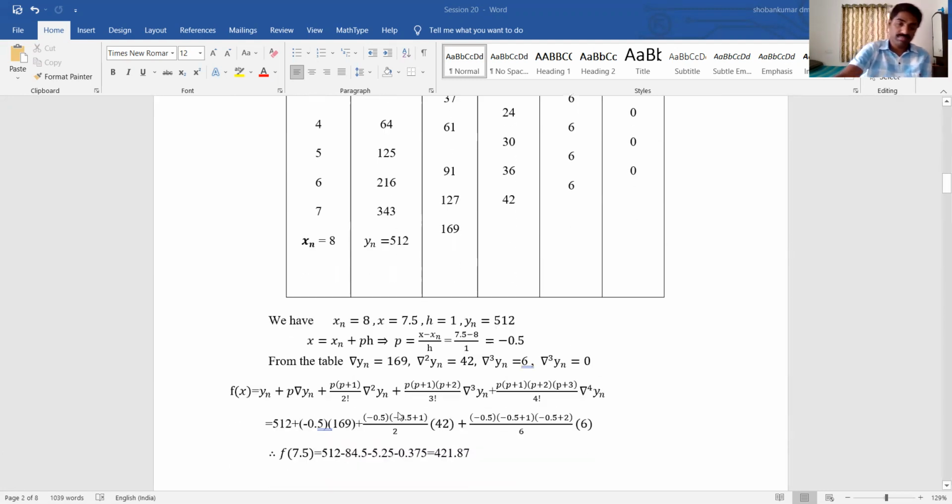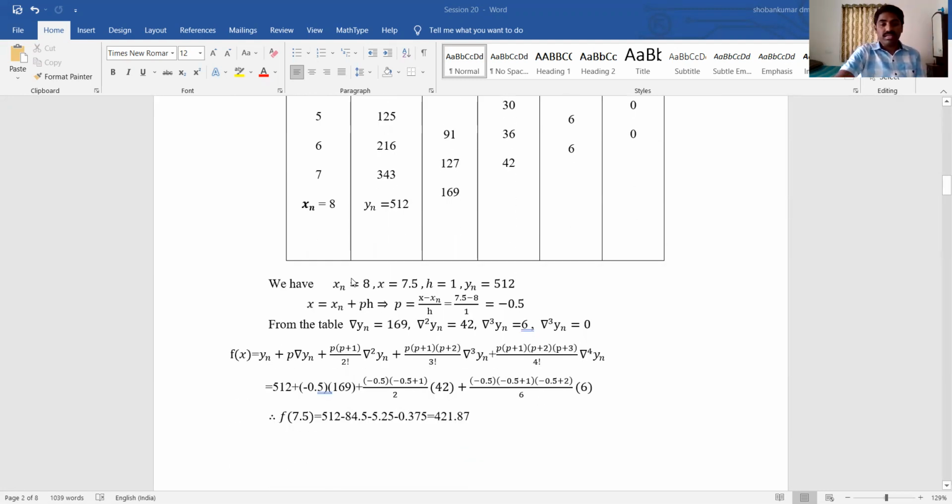Now using the formula, from the table, here x7, we have to take xn. xn is 8 and x is 7.5. We have to estimate y at x equal to 7.5 and h is the step length, h is equal to 1, and y7, here we take yn, is equal to 512. Therefore, x is equal to xn plus ph, which implies p is equal to (x minus xn) divided by h.